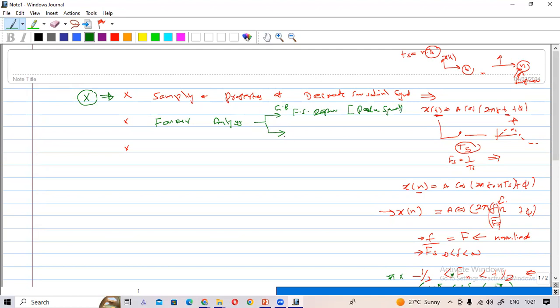And we discussed the discrete time Fourier transform. This is for non-periodic signals. Sometimes we refer to it as just Fourier transform. So we have learned these two types. You need to do some examples in this and try to remind yourself of this concept again.